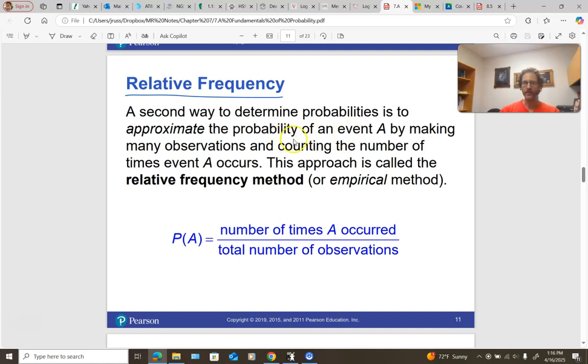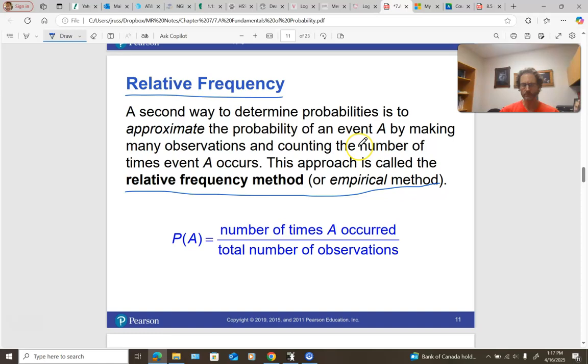A second way to determine probabilities is to approximate the probability of an event by making many observations and counting the number of times that event occurred. So think about flipping the coin and having it come up heads. This approach is called the relative frequency method. It's also called the empirical method.